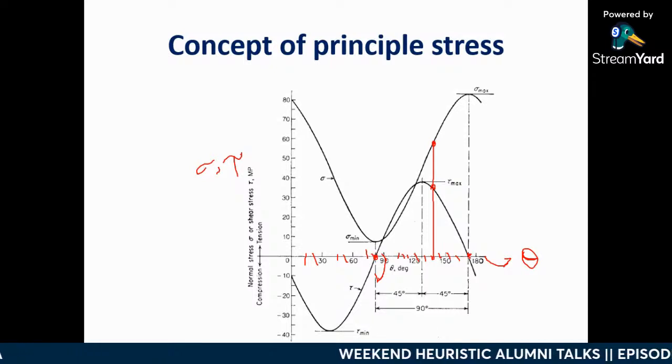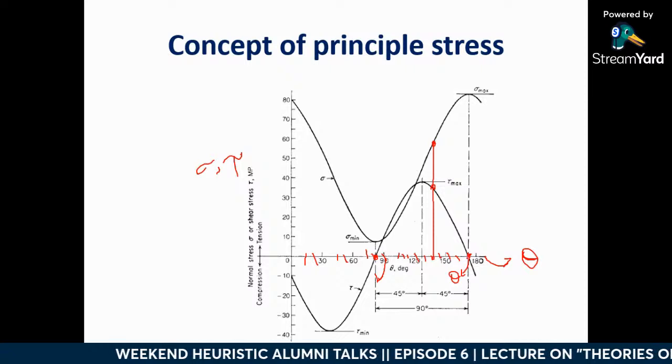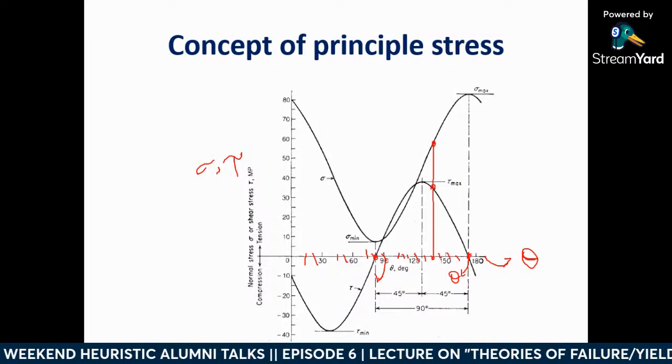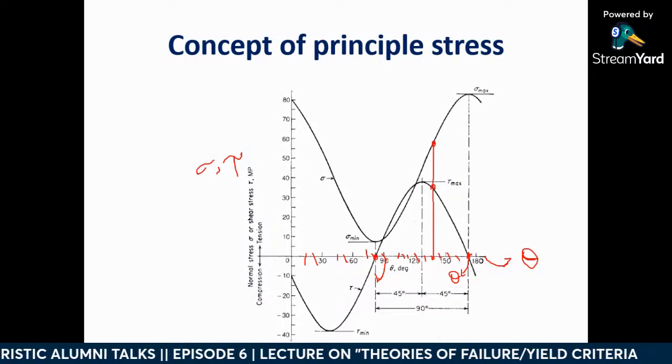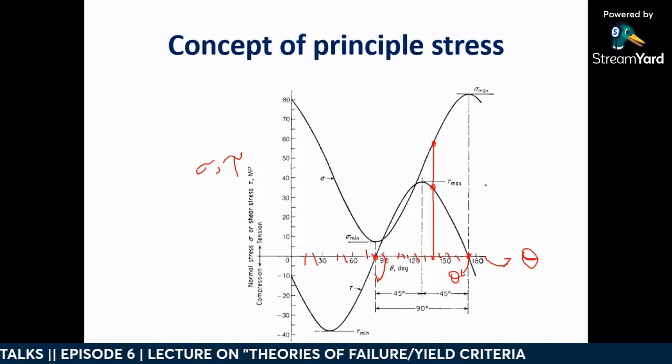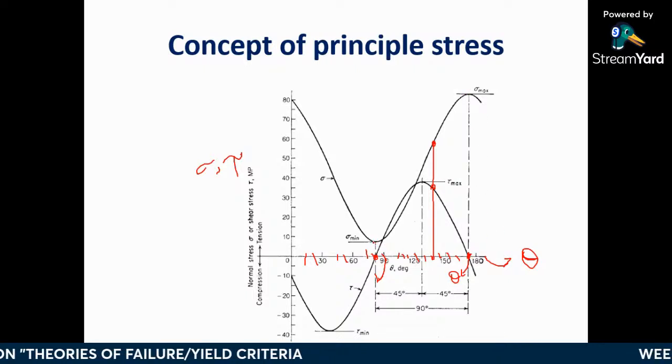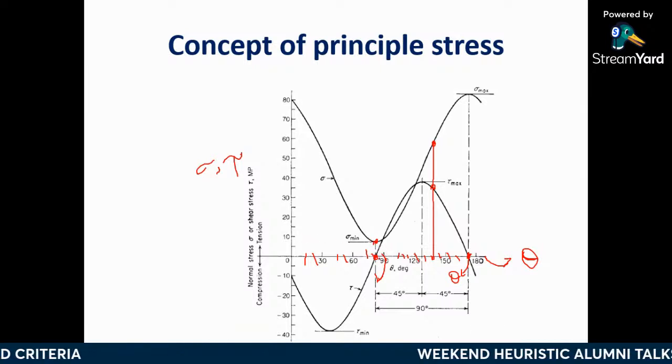So this angle represents one particular plane, right? If you look at the corresponding normal stress and shear stress, normal stress is becoming maximum. At the same time, shear is becoming zero. So here also, normal stress is reaching some minimum and the corresponding shear is zero.